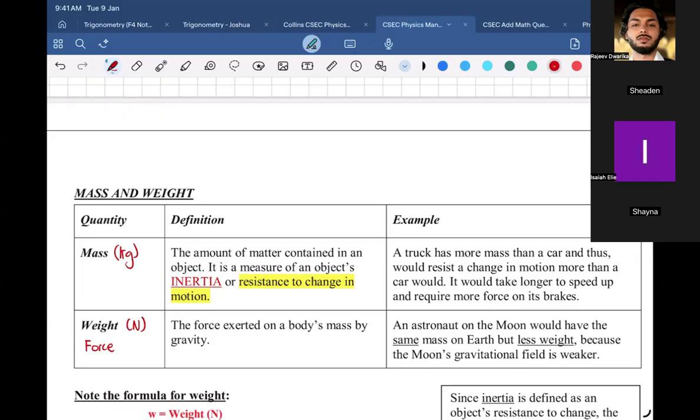Isaiah, do you ever mix up mass and weight? Not again. I used to mix it up as well. It's only when I realized weight is a force that I stopped mixing it up. Weight, force, newtons, so kilograms had to be mass.